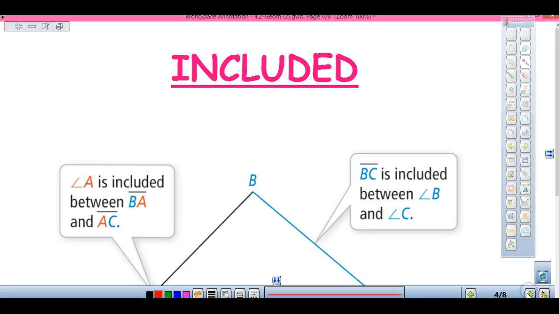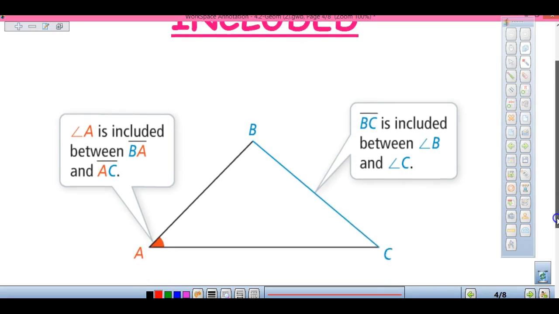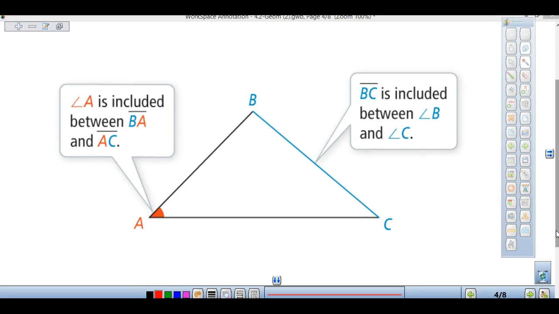Now, because we're going to talk about side, angle, side, we need to talk about what it means to be an included side or an included angle. When we talk about it being included, we talk about it being in between the two things.